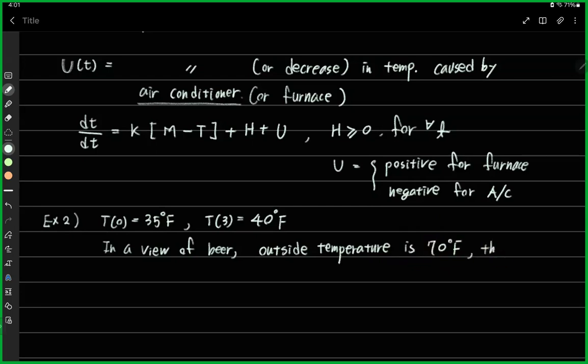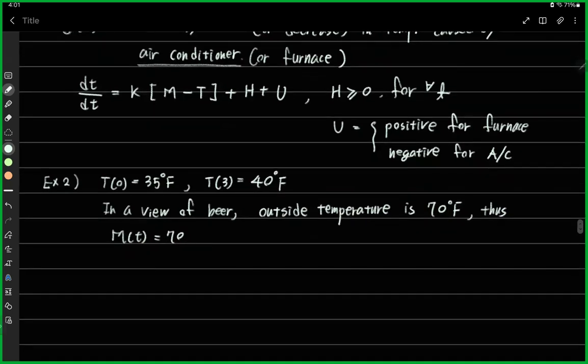Thus M of T is 70. Okay, so the outside temperature M of T is a constant function. And then we ignore the heat source, the furnace and air conditioner. We also ignore that, so it is 0.